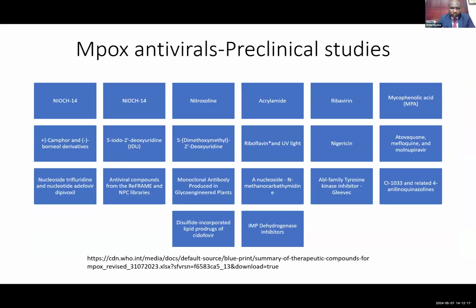Next slide. So just to give us an overview, tecovirimat is the only drug that has been undergoing clinical efficacy trials as of now. And it is not wise that we are restricted to tecovirimat because we are already seeing resistance to this drug, especially in people that have advanced HIV and severe disease.